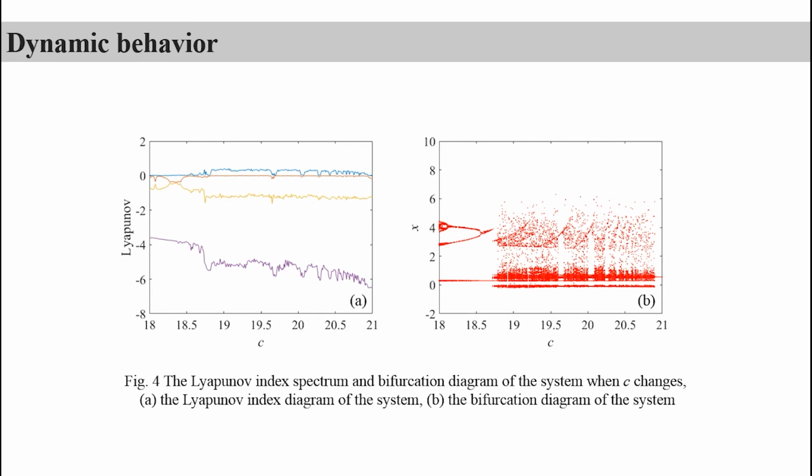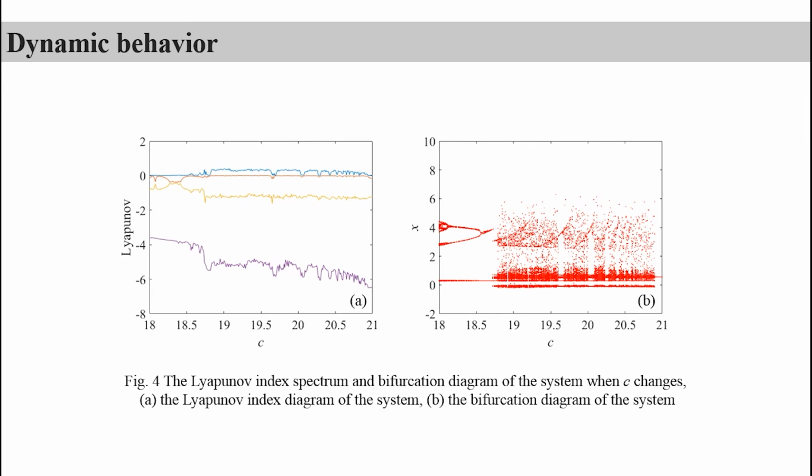According to Figure 4, as parameter C decreases from 21, the system begins to produce a transient state of chaos. When the parameter value is C, the system enters chaos for the first time. The Lyapunov exponent is this, and the duration gradually becomes longer, and finally it turns into a continuous chaotic state.